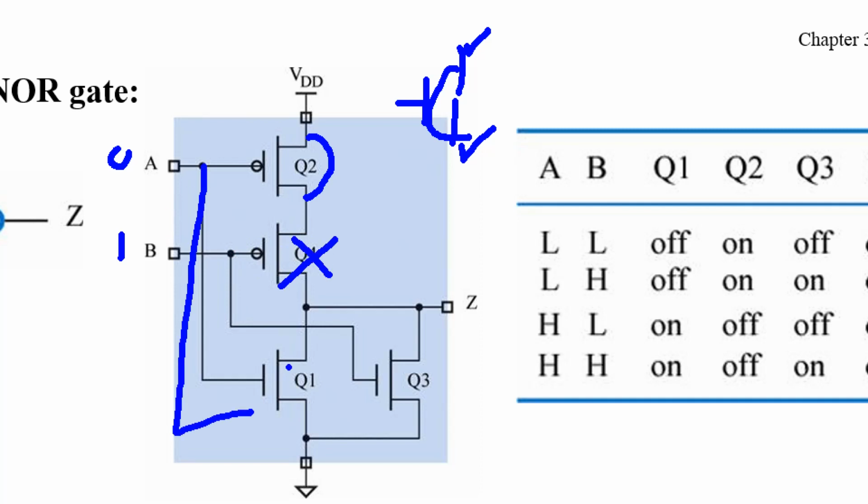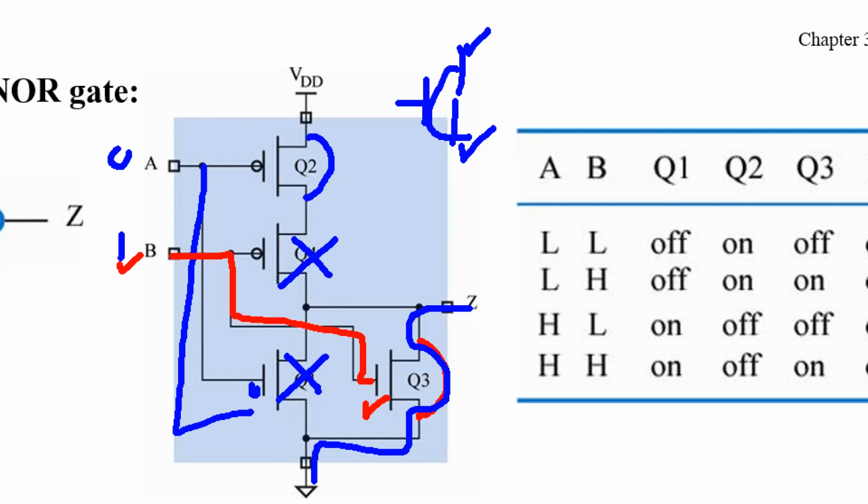And 0 here, this one is active high but you apply low, so this one is off. And this one is active high and you apply high, so this one turns on, then short between the drain and source terminal. By the result, this output is now connected to ground, so the output becomes 0.